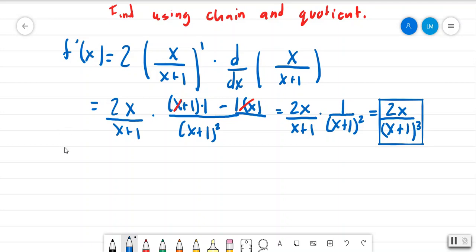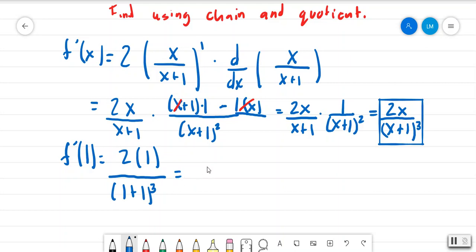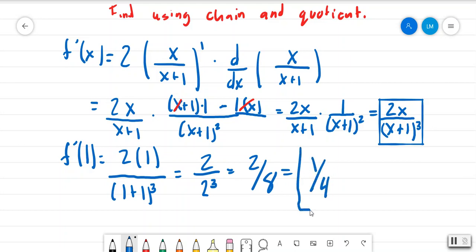So that means that f prime of 1 equals 2 times 1 divided by 1 plus 1 cubed, which is 2 divided by 2 cubed, which is really just 2 divided by 8, which is equal to 1/4. So we have that the answer is also 1/4 as it relates to the slope of the tangent.